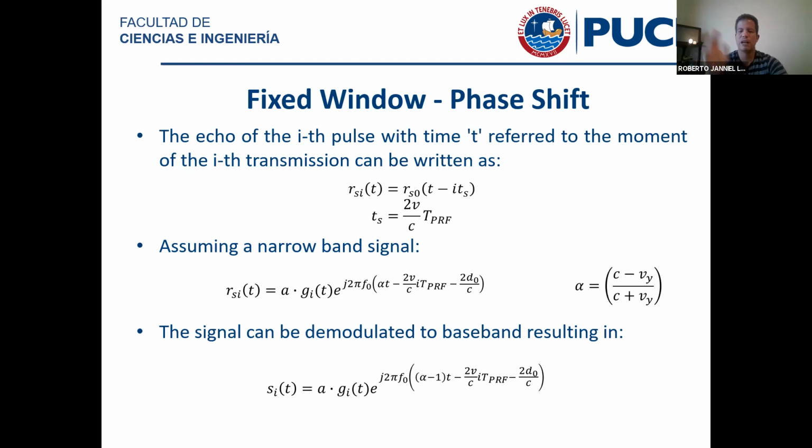So that goes into the alpha minus 1. So at that point, yes, you can say that the term alpha minus 1 times t encodes the frequency Doppler shift, right? Because now it would be the shift.